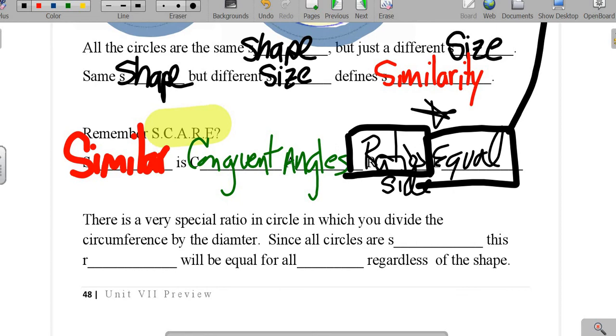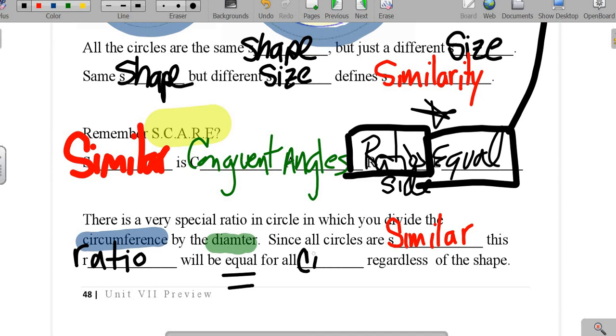That very special ratio happens when you divide the circumference of a circle by the diameter of a circle. And since all circles are similar, this ratio will be equal for all circles, regardless of, not shape, that should say size, regardless of their size.